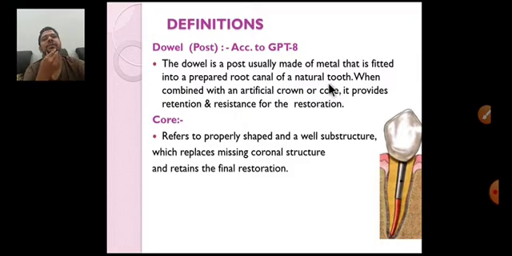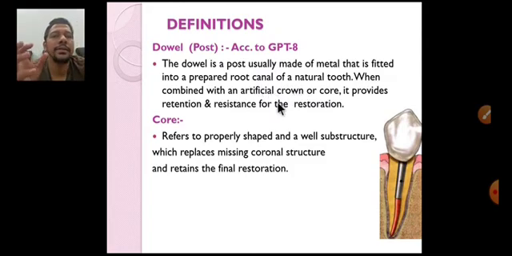So this is the definition of post and core. They have given different definitions for post as well as core. The post is usually made up of metal, or it could be other materials also. Nowadays other materials are very common, like fiber reinforced ceramic, carbon fiber, then zirconia, etc. So many materials are there, that is fitted onto the prepared root canal of a natural tooth.